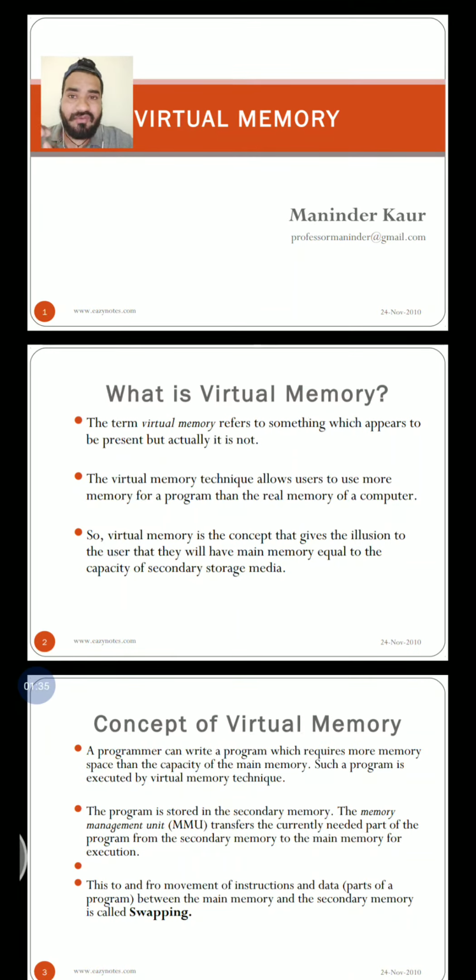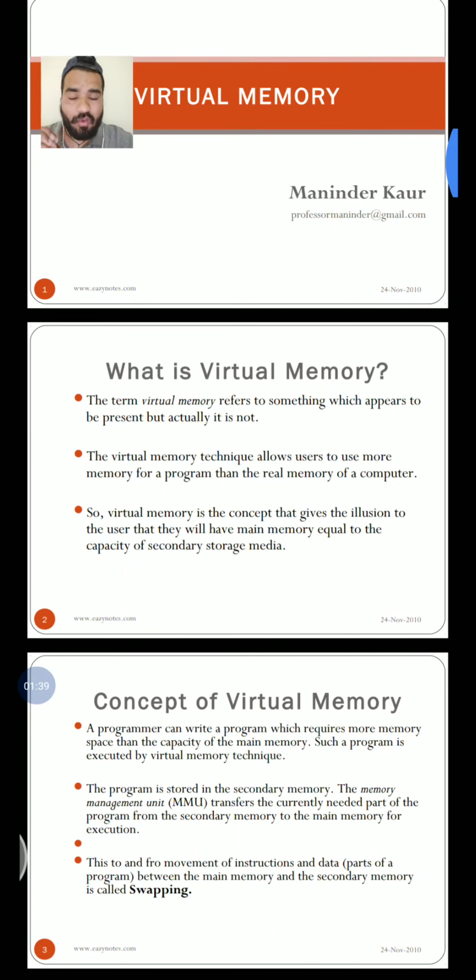We call only those pages which we require now. The CPU will not call the whole process at the same time. The CPU will call only those pages which are required at a moment.